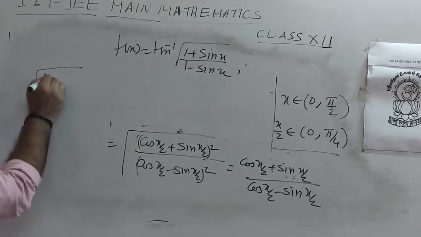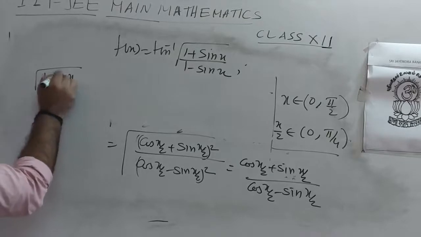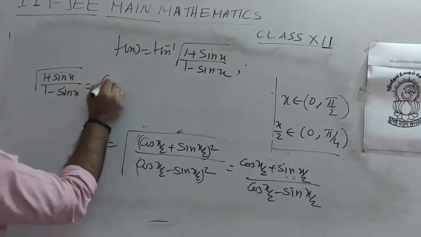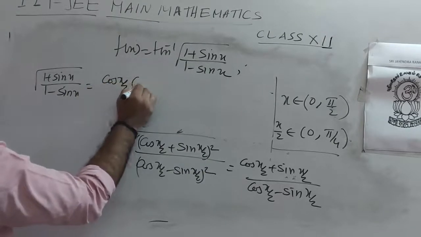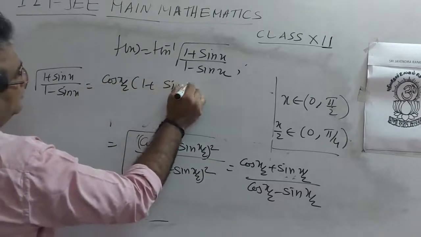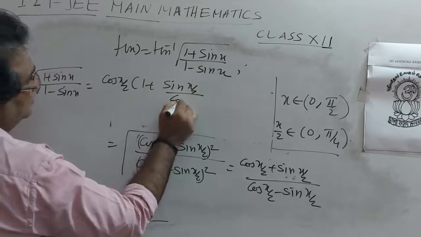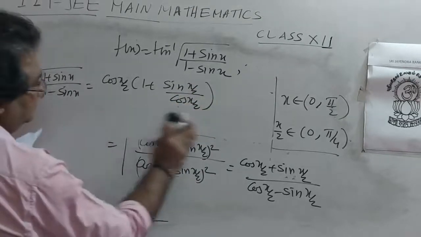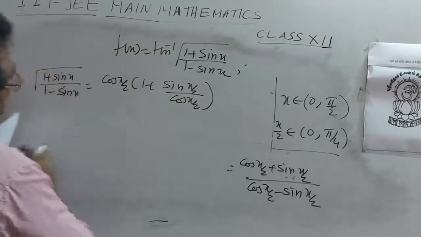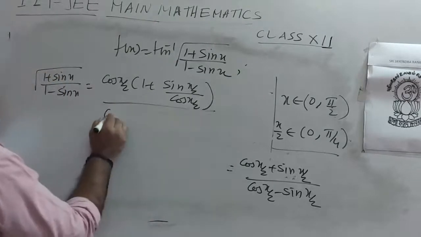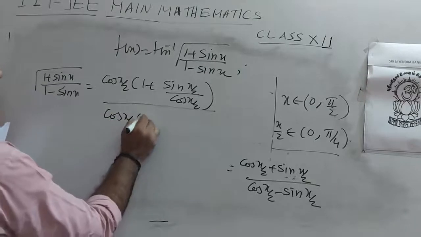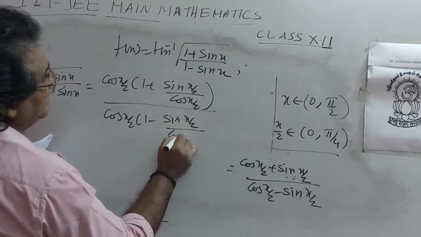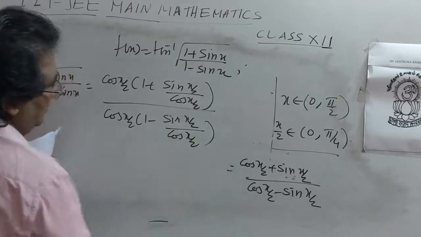So root of 1 plus sin x by 1 minus sin x equals, taking cos x by 2 in common, 1 plus sin x by 2 by cos x by 2 over 1 minus sin x by 2 by cos x by 2.